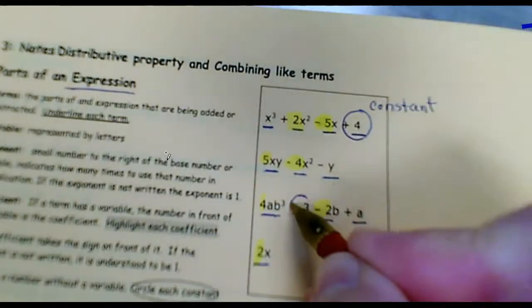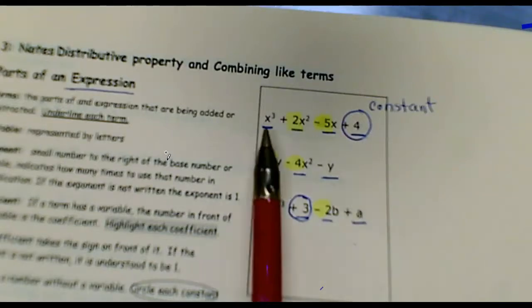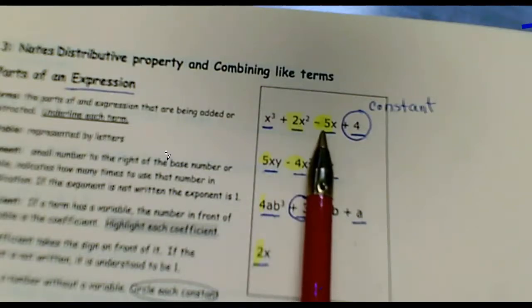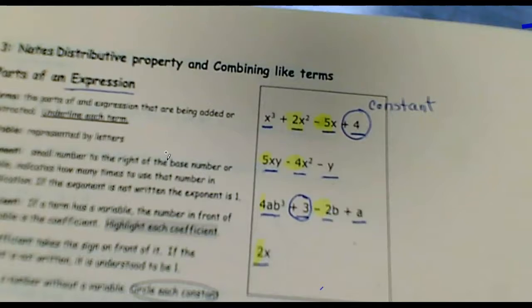This one right here would be a constant because it doesn't have a variable with it. Now, when we're writing our answers, the highest power should come first, and then a smaller power, and then a smaller power, and the constant should come last. That's just considered better form.